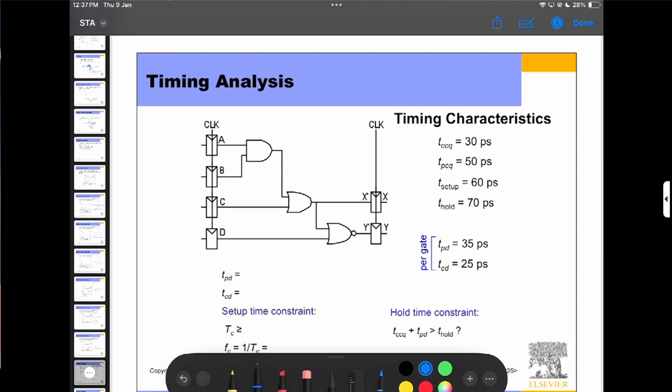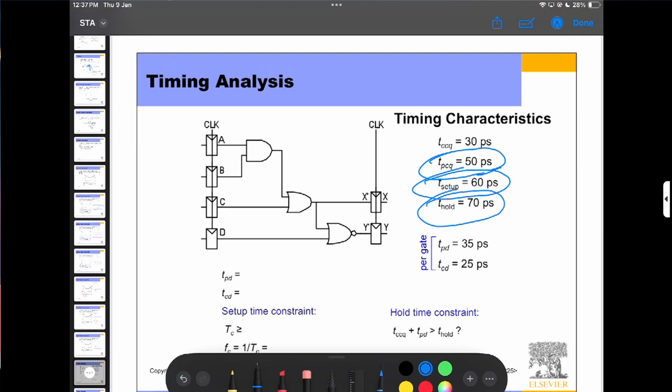Sorry, this is the contamination delay of clock to Q, and this is the propagation delay, so we always take the propagation delay. And T setup is 60, and my T hold is 70.